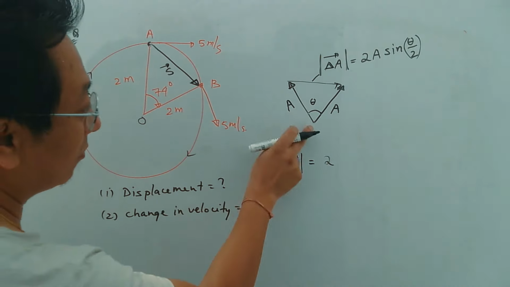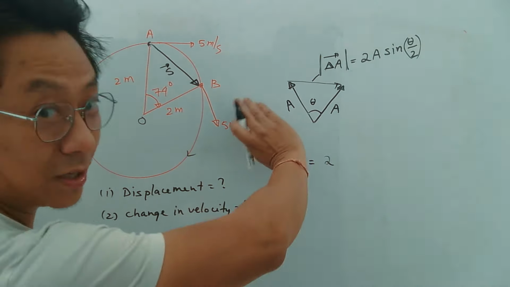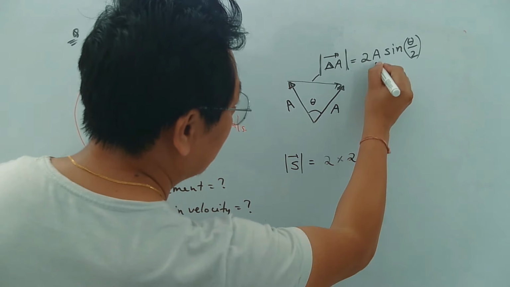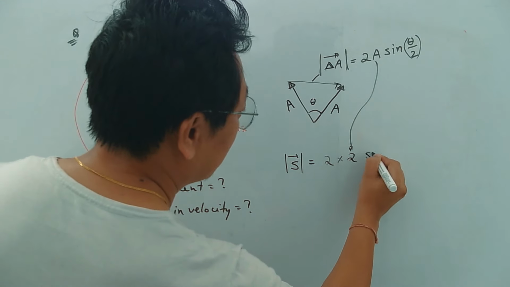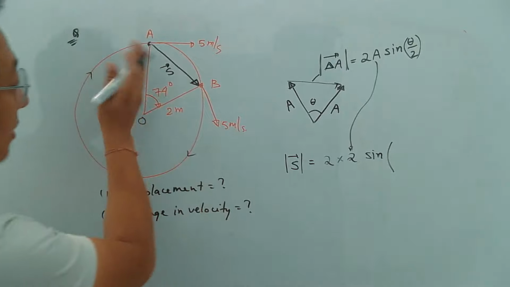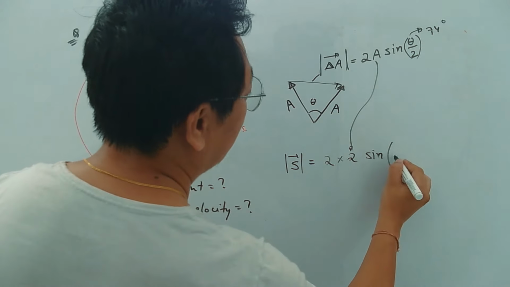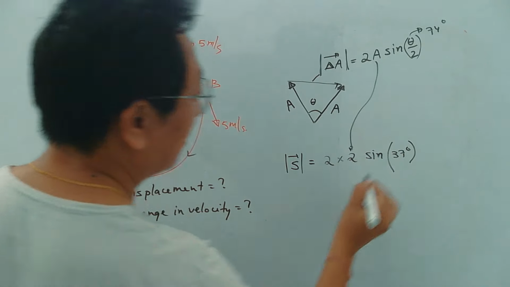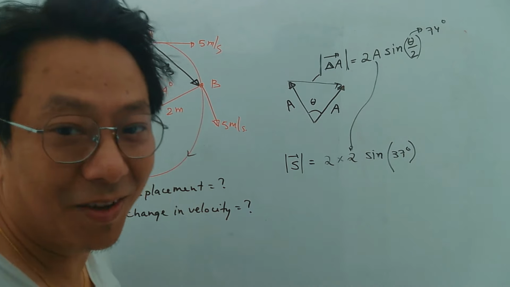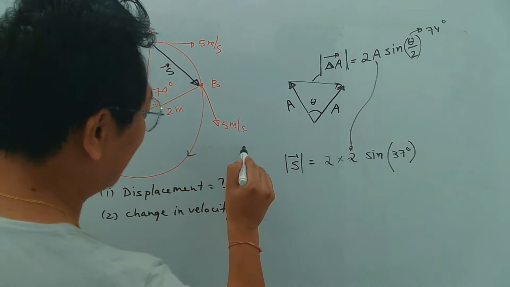A means the length of the vector which has turned. Here the vector which has turned has what length? 2 meter. So 2 into 2, this A is 2, sine of the angle turned by 2, this is 74 by 2. 74 by 2 will be what? 37 degree. And 37 degree is a very simple angle for physicists, right?